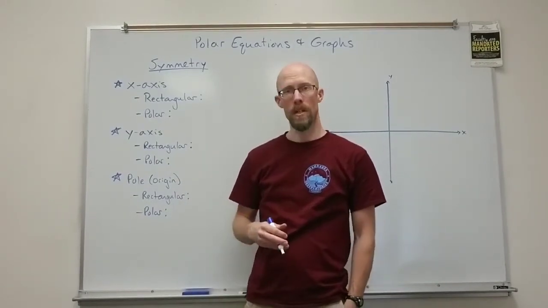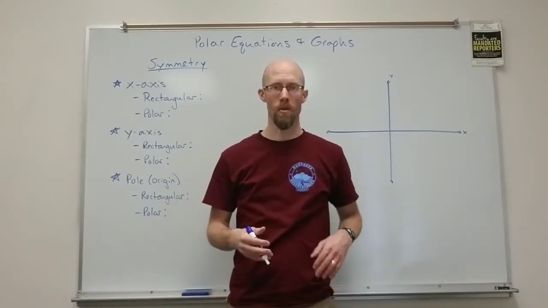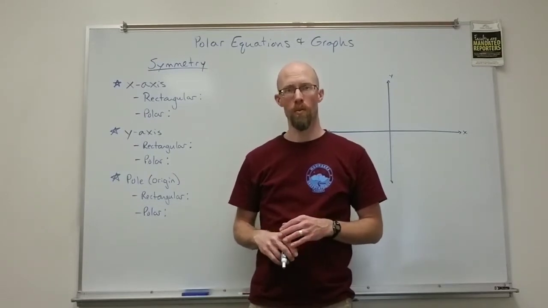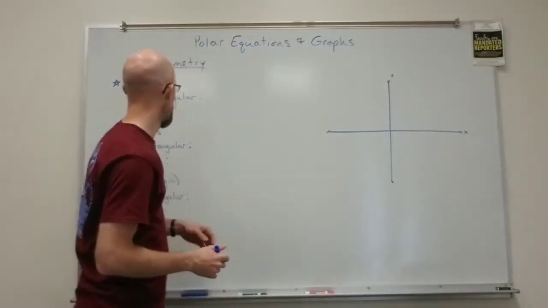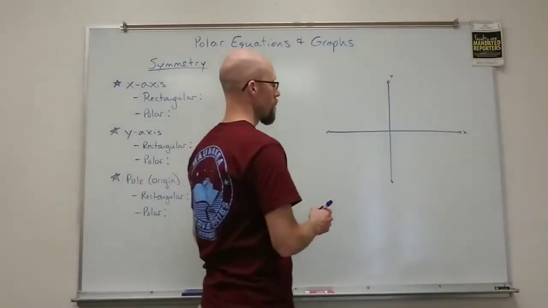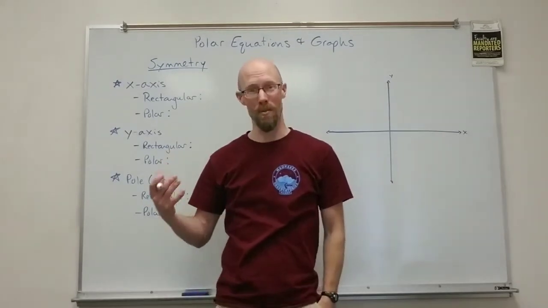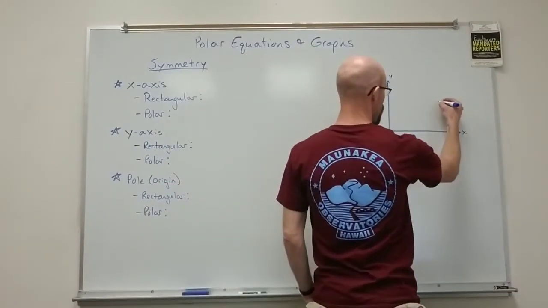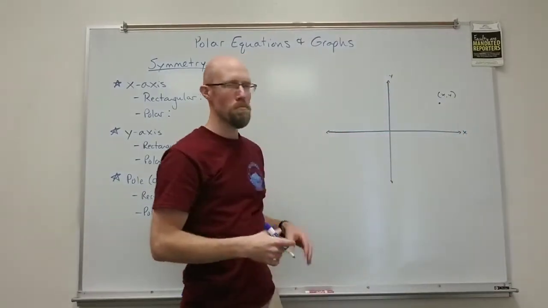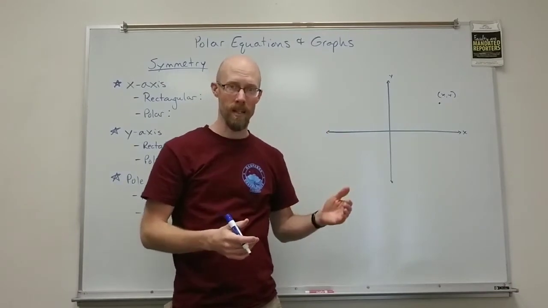And now we're going to take a look at the polar form of that symmetry and what it looks like. So just a quick review, if you recall, with rectangular coordinates, to be symmetric with respect to the x-axis in rectangular form, if you have a point (x, y) on the graph, then there must be a symmetric point with respect to the x-axis, right?